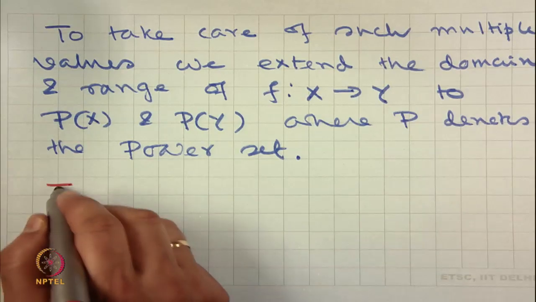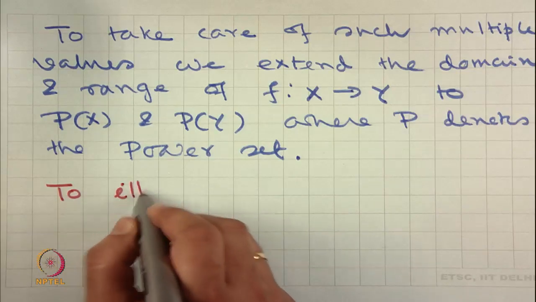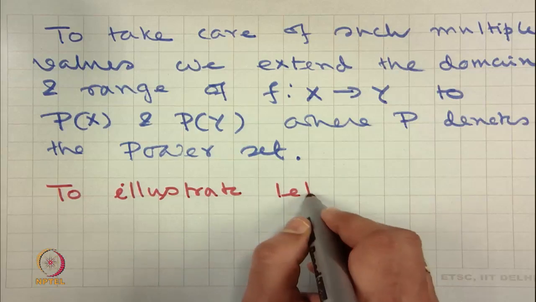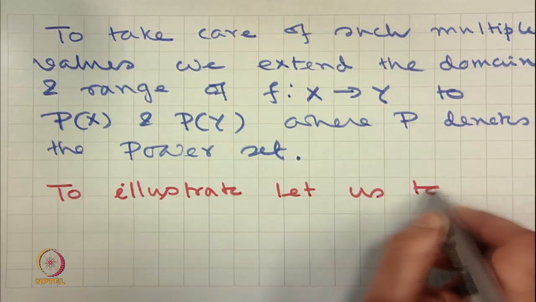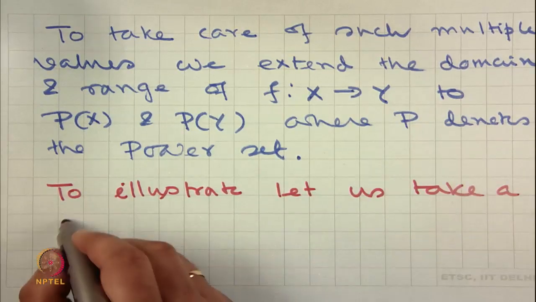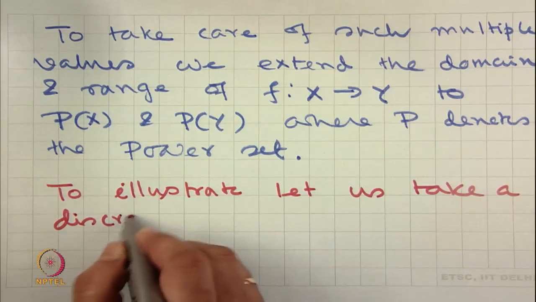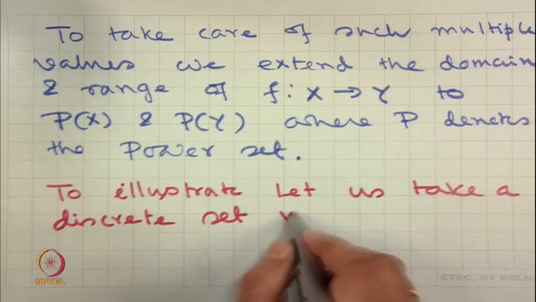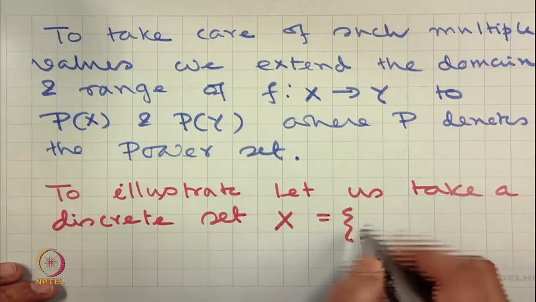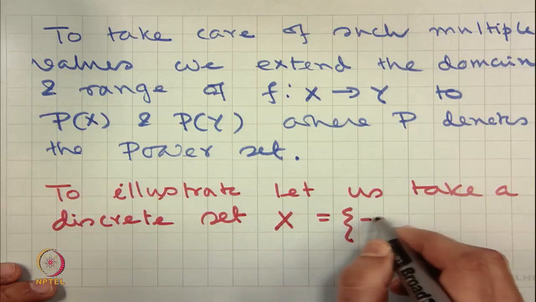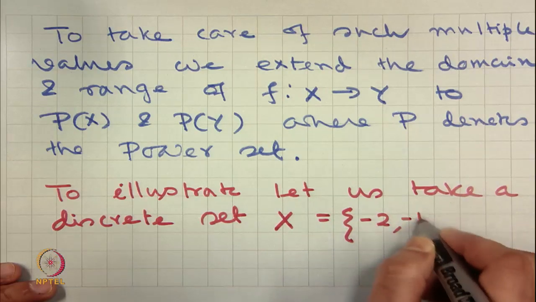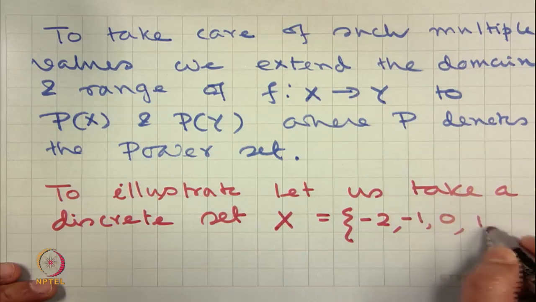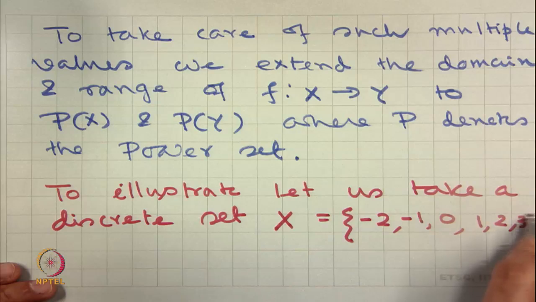To illustrate, let us take a discrete set X equal to -2, -1, 0, 1, 2, 3.